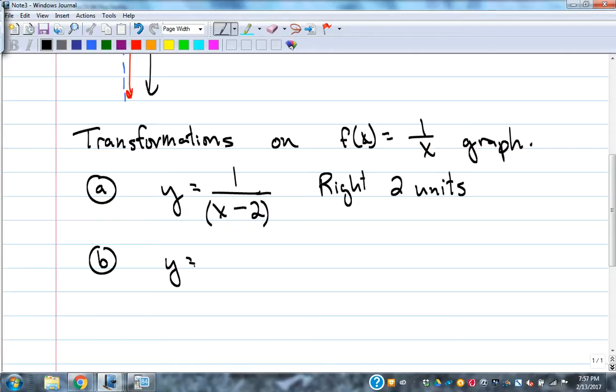Example B, if it were y equals 1 over x plus 5, that's happening on the outside. So that's vertical movement. So it's plus 5. So vertically, that would be up. So up 5 units.